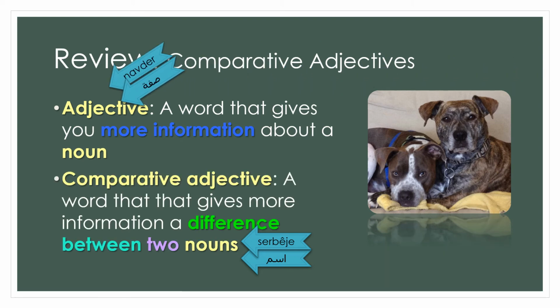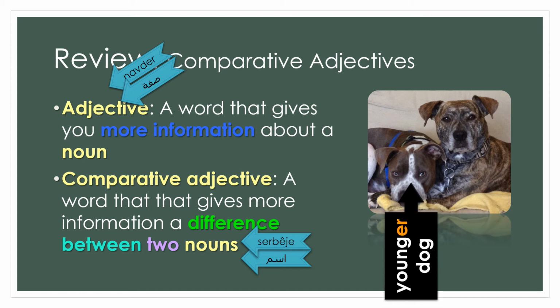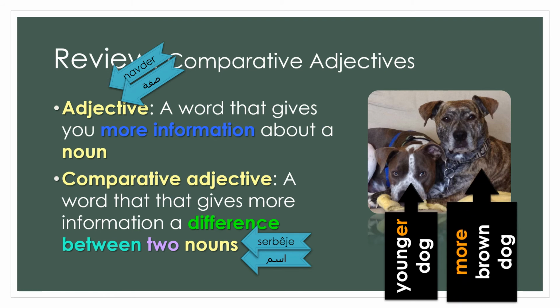A comparative adjective is a word that gives more information about two nouns. For example, younger dog. This is a younger dog than the other dog. More brown dog. This dog is more brown than the other dog.